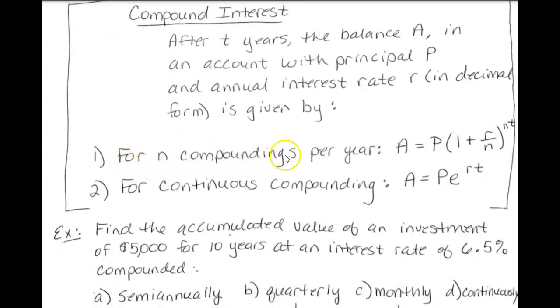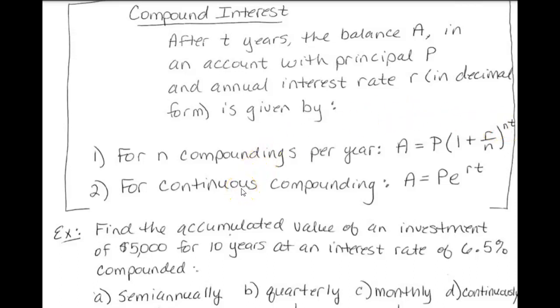For n compoundings per year, so if it says compound monthly or compound daily or compound semi-annually or compound quarterly, there's a word there to indicate a certain number of times, the formula is A equals P times the quantity 1 plus r, the interest rate, divided by n, that's the number of compoundings, all of that raised to the power of n times t, t being the number of years.